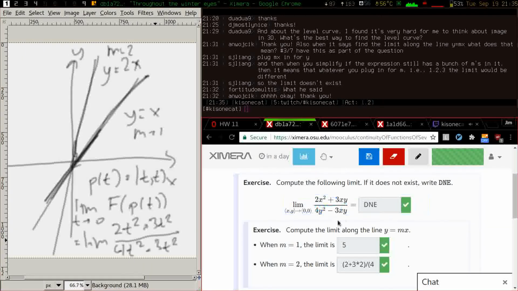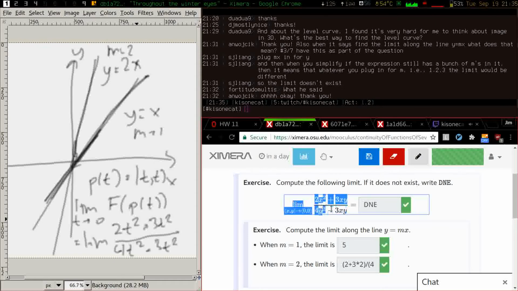So here all of my x's and y's just become t's, since I'm moving along this line where x equals y. And I'm asking what happens when t approaches 0. And what's really important is that this limit, the limit as t approaches 0 of this quantity, is an entirely different beast from this limit, the limit as x, y approaches 0, 0.